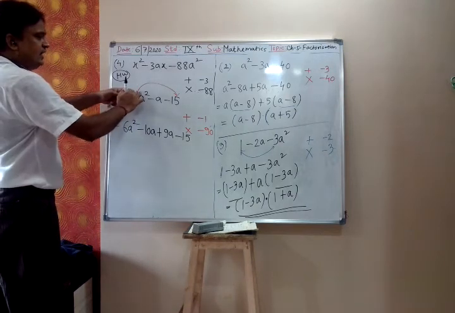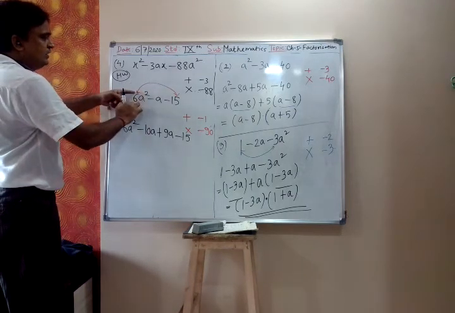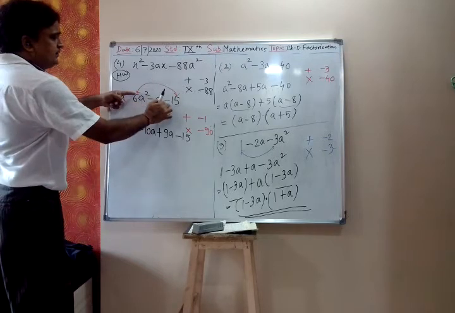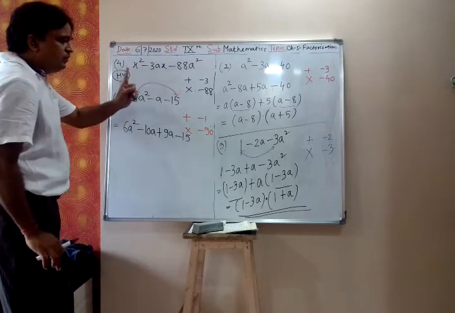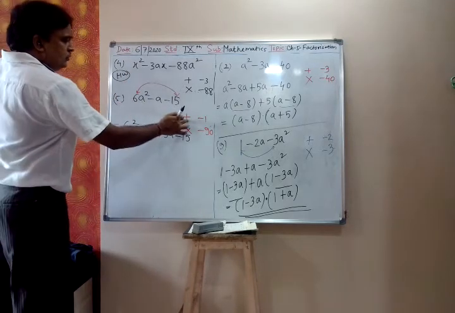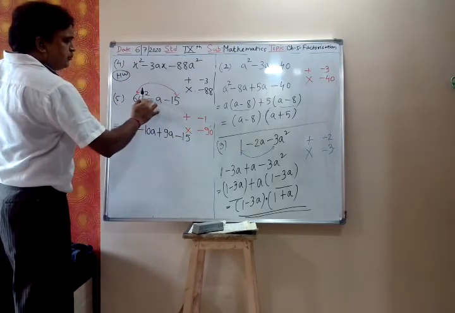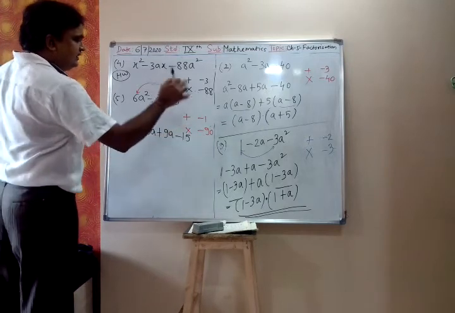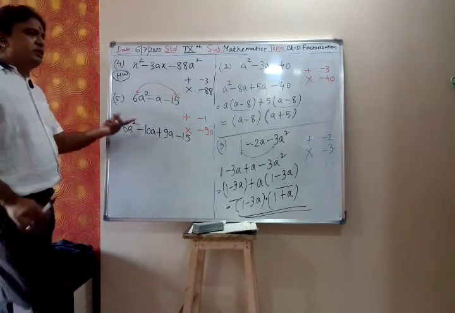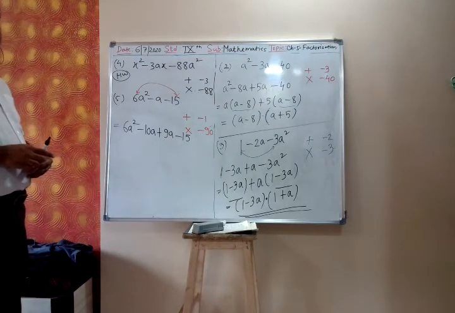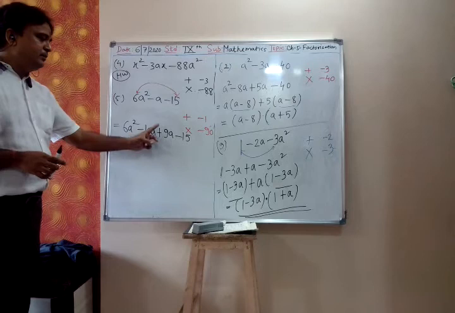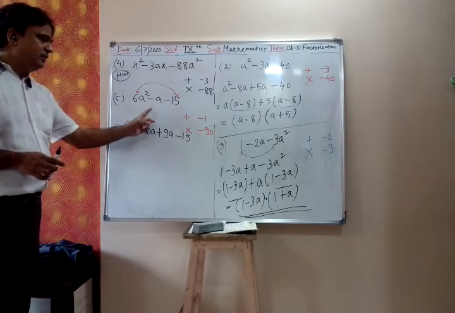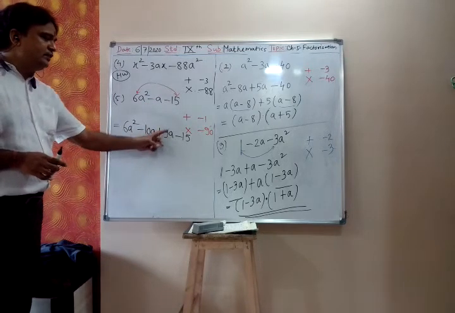So in that case I have to take the multiplication of 6 and minus 15, so 6 into minus 15 is minus 90. Now find two numbers whose addition is minus 1 and multiplication is minus 90. Minus 10 and 9. Minus 10 plus 9 is minus 1 and minus 10 into 9 is minus 90.